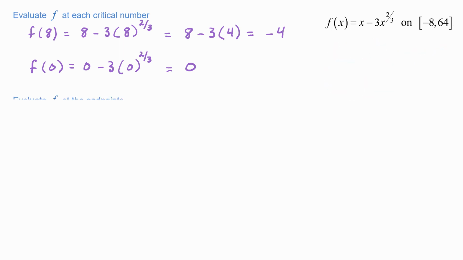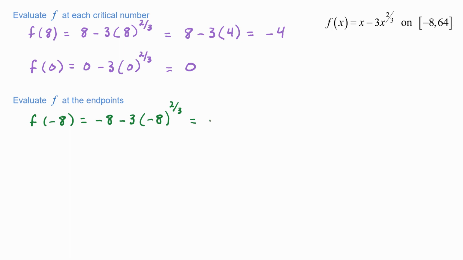Then we have to evaluate f at the endpoints. So that means we have to do f of negative 8. And that's going to be negative 8 minus 3 times negative 8 to the 2/3.